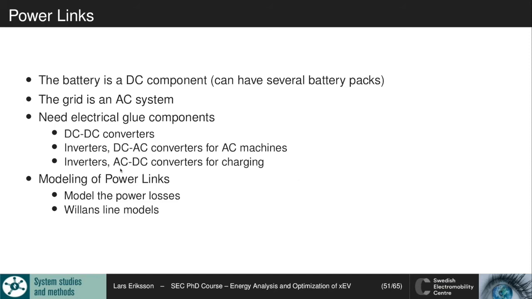And finally we have the inverters connected to the grid if we are charging the vehicle with AC, and then we need an AC to DC converter inside the system. But we could also think of having the AC to DC converter outside the vehicle if we have a DC charging standard. The modeling of the power link is essentially done by modeling the power transfer and the power losses, and we use Willans-like models.